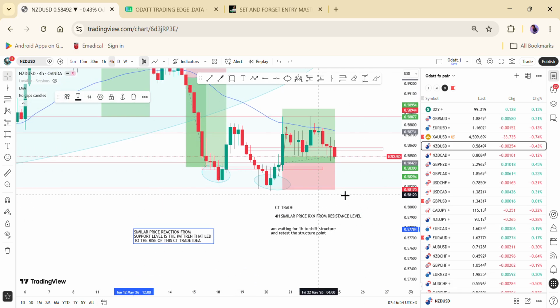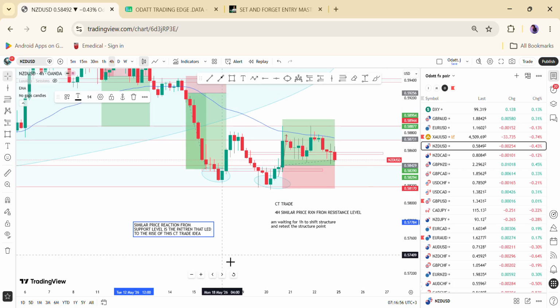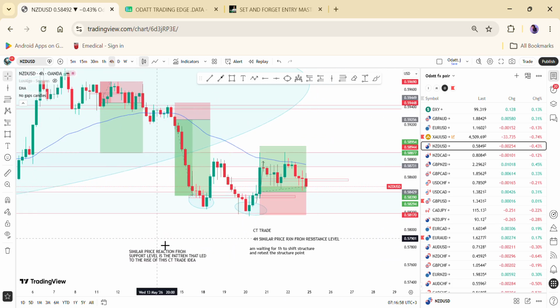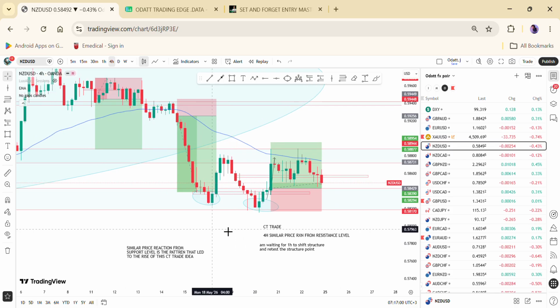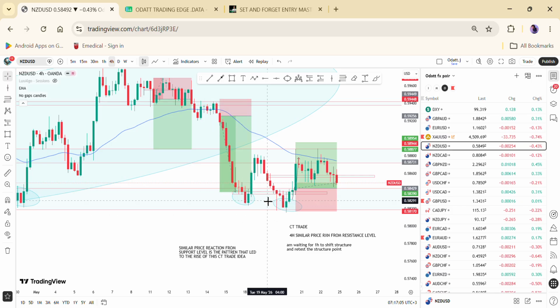The psychology or the technical behind this trade was we can see whenever the price reaches this level, we have bullish rejection, and then the price pulls back to this resistance level.